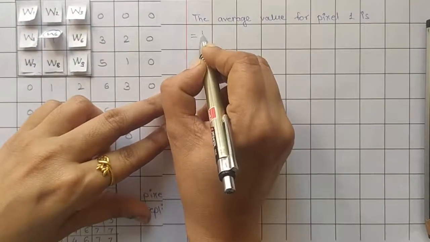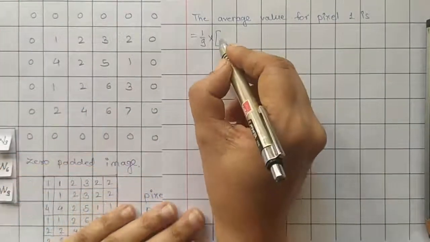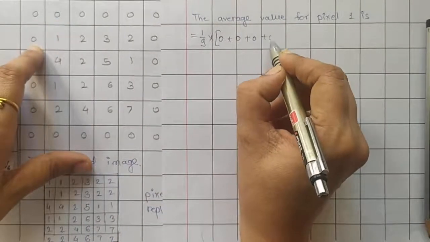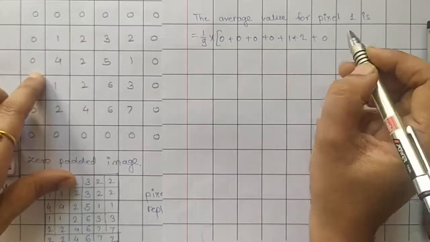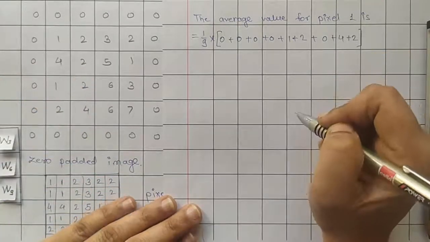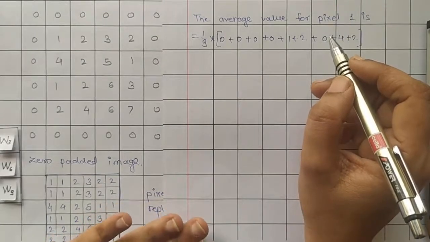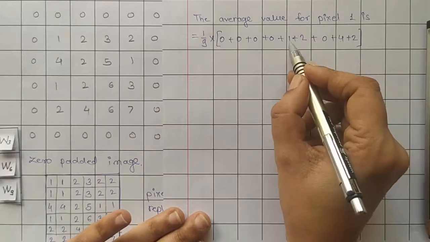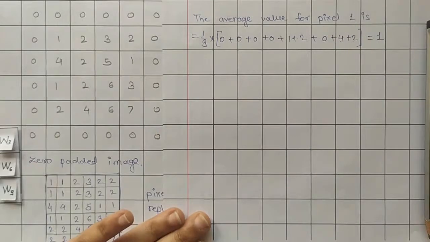So it will be 1 by 9 into 0 plus 0 plus 0 plus 0 plus 1 plus 2 plus 0 plus 4 plus 2, which is 9. 9 divided by 9 means the average value for pixel 1 will be 1.